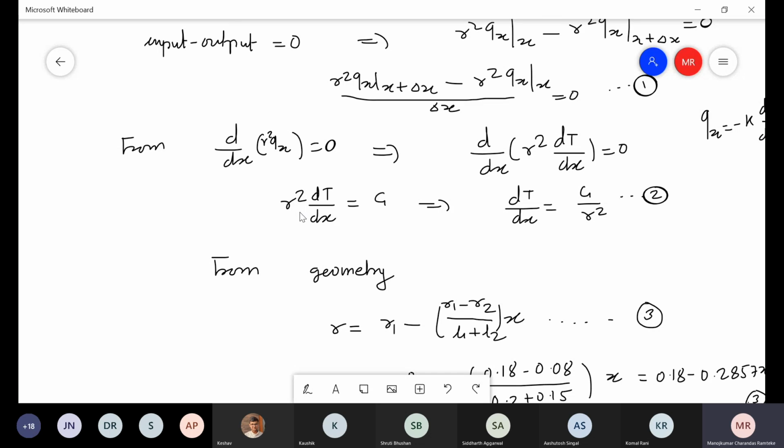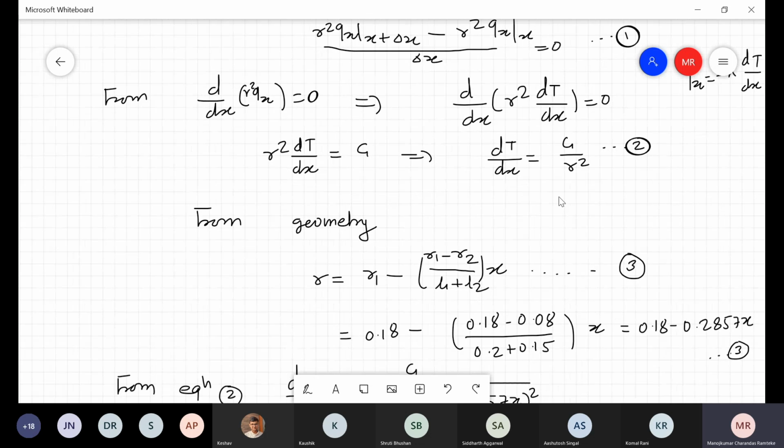So if you multiply pi, then pi r square is the area into k dT by dx, that is the flux into area, that is going to give you capital Q directly. So from equation number 2, capital Q can be written as minus pi k1c1, isn't it? Minus sign will be there because flux will be minus k dT by dx, isn't it?